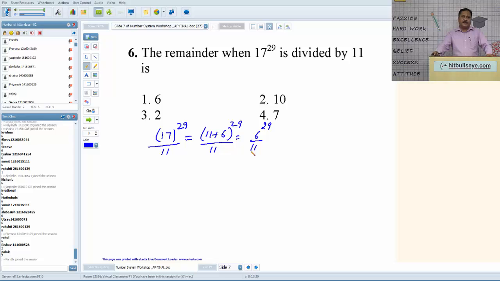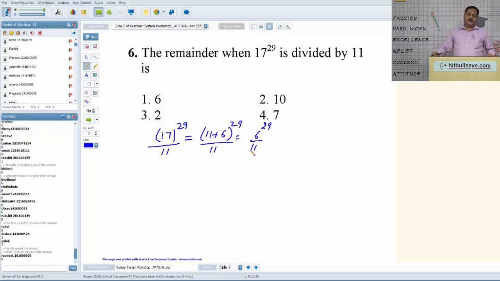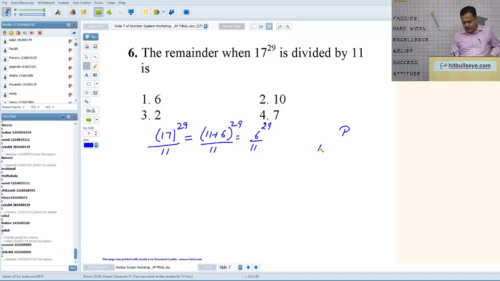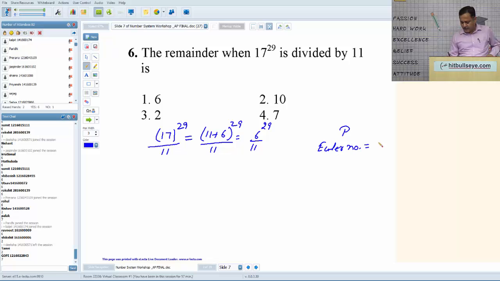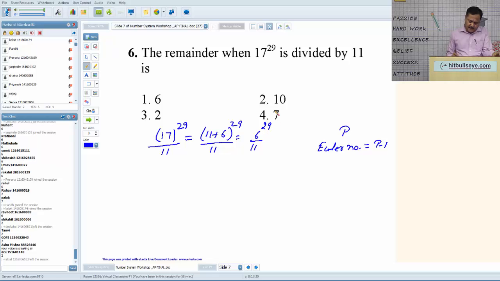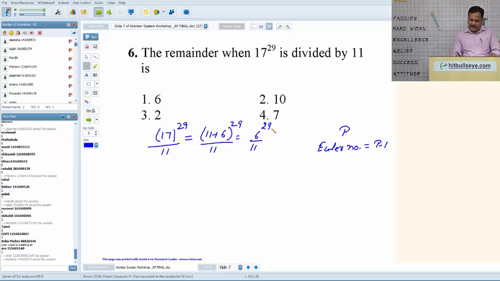When the divisor is a prime number p, then the Euler number is always p minus 1. So our divisor is 11, that means its Euler number is 10, that means its cyclicity is 10. We will divide the power by the Euler number, 29 divided by 10, so we get the remainder 9.